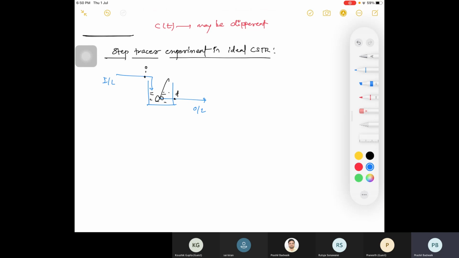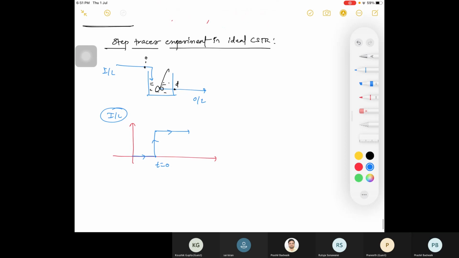What is your inlet profile? Are you clear with this?